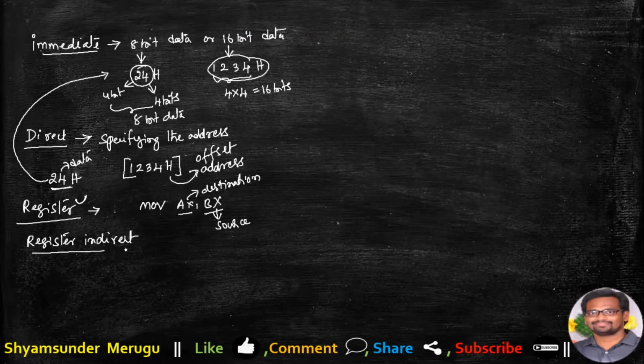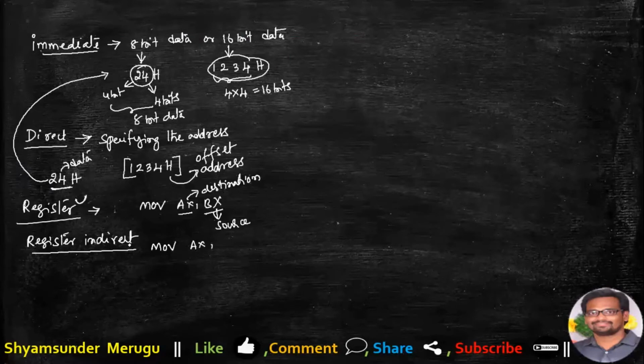In case of register indirect, you take the same instruction and write both registers, but any one of the registers should be mentioned indirectly. Remember this: if we mention the number in brackets, then it is direct. If we mention the register in brackets, then it is indirect. So here it is register indirect, there it is direct memory specification.